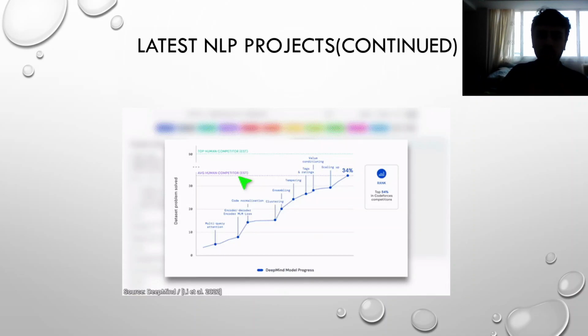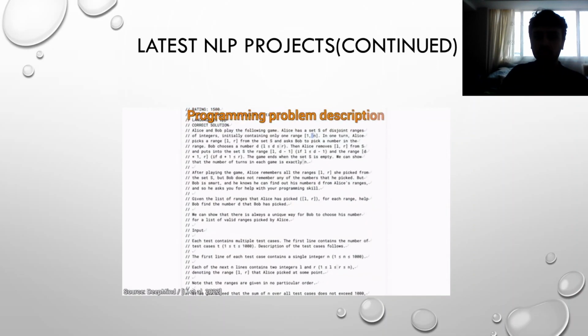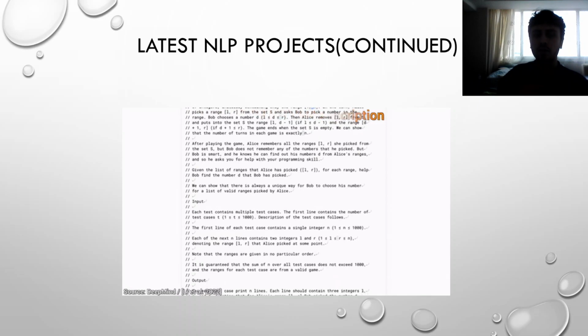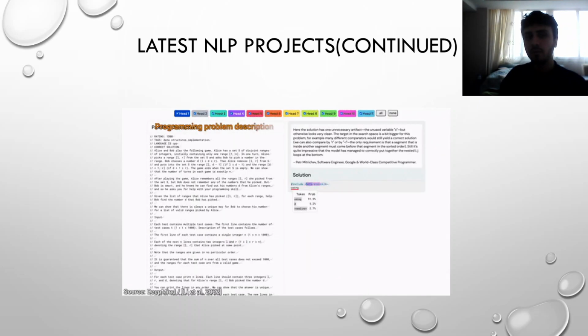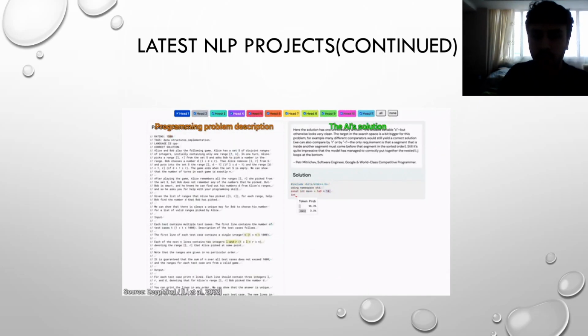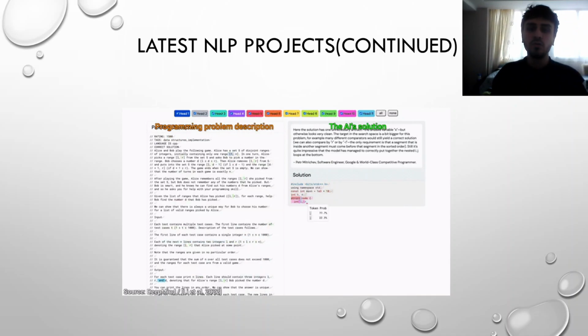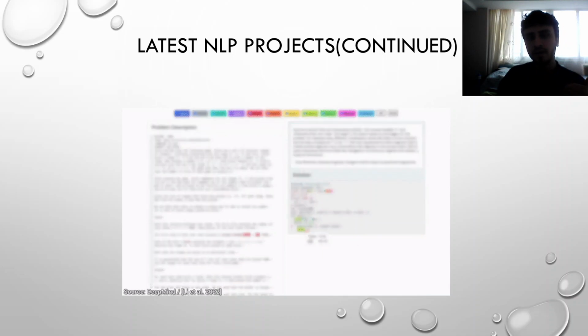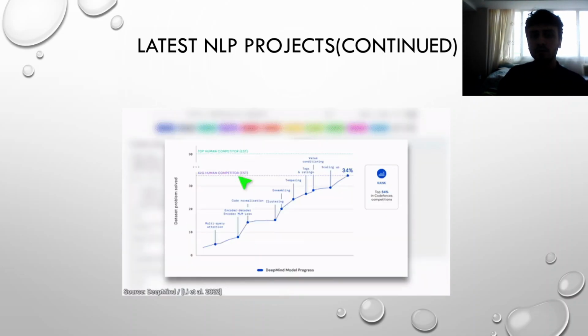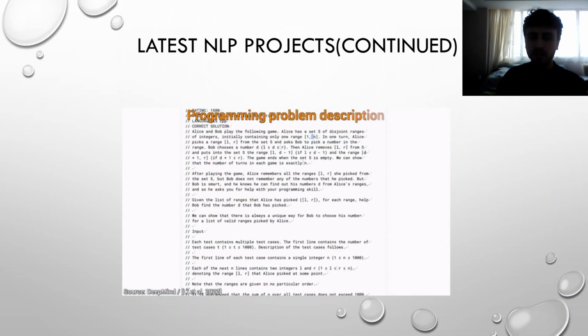And this is from DeepMind 2022. This AI solves programming problems, and it does as good a job as an average human competitor. So it works like this. It gets pre-trained from GitHub, and then it's fine-tuned by problems and solutions.